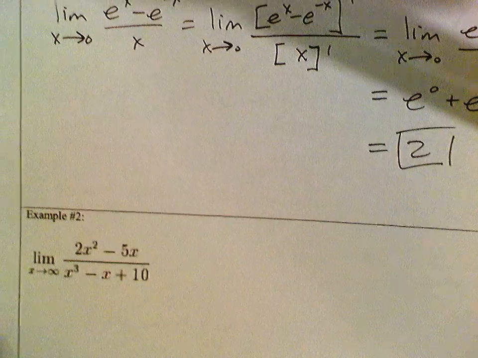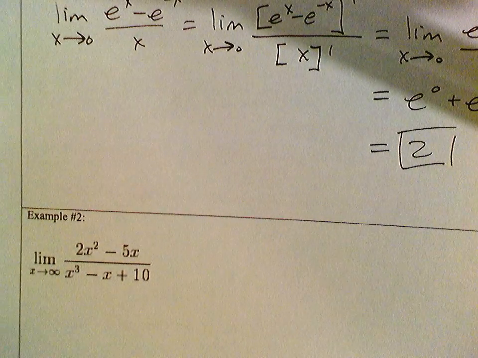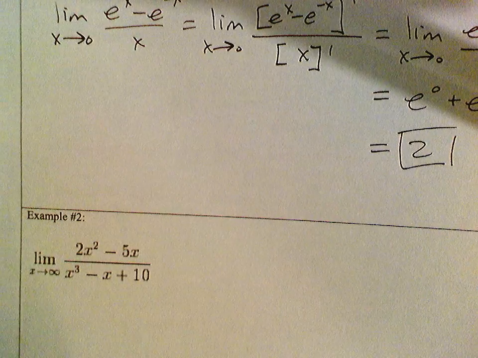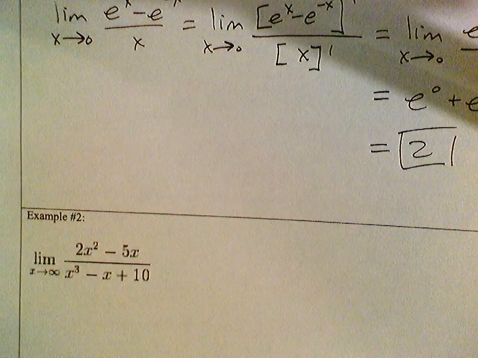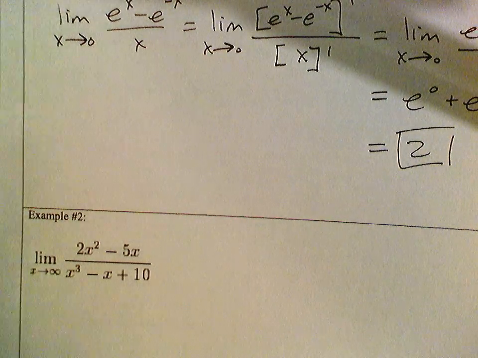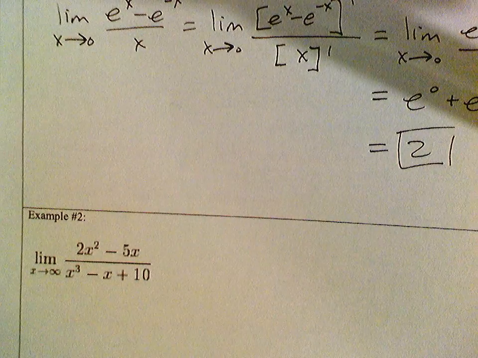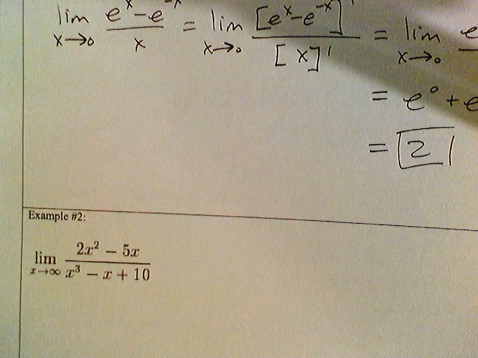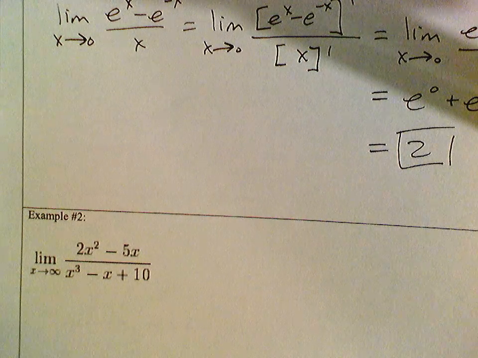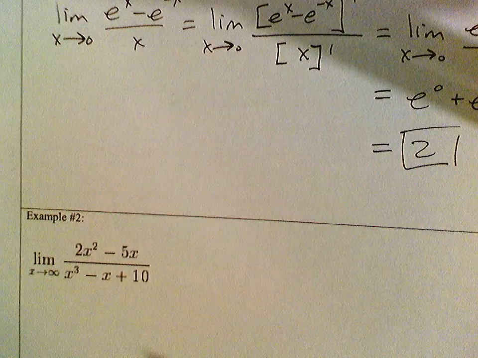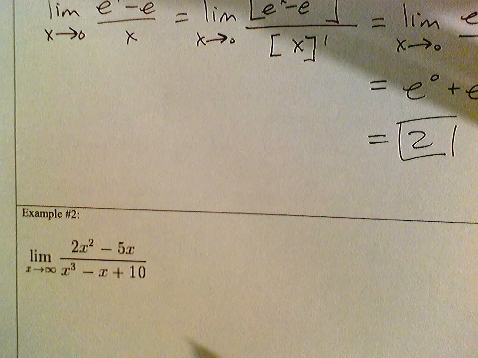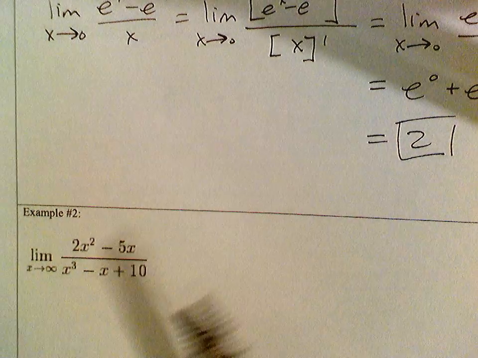Okay, now the next example, example number 2. I want to go through this example, guys, but I'm going to be honest from the start that the end behavior model is way more efficient than L'Hopital's rule when you're working with a polynomial over a polynomial. This is still a valid exercise, but we've done things like this before.